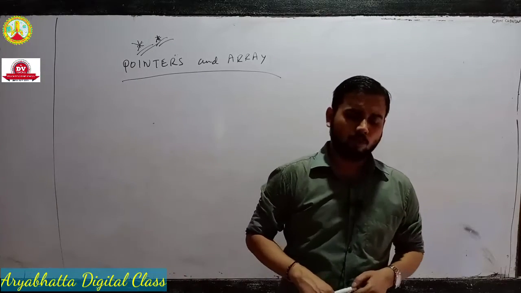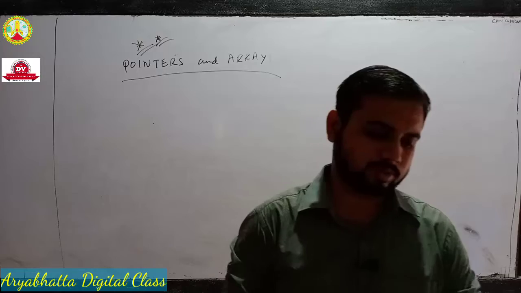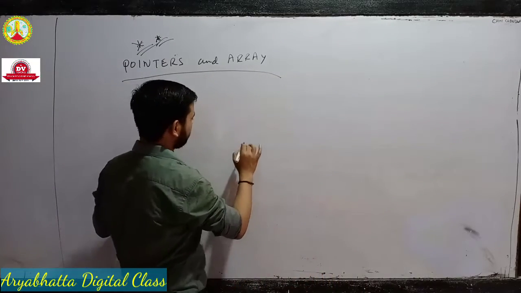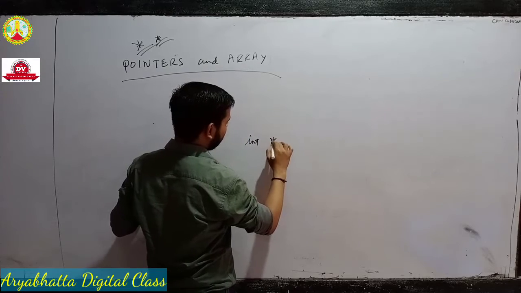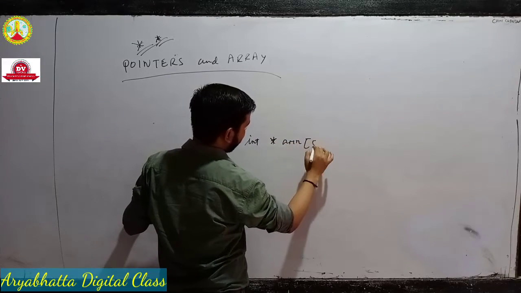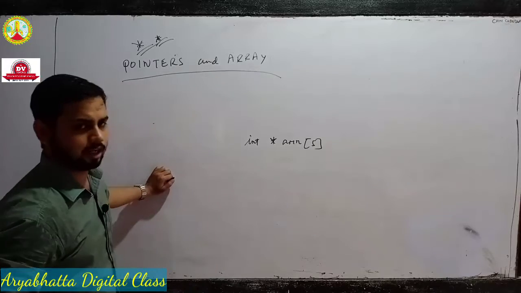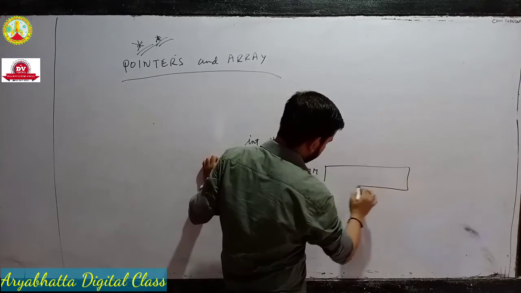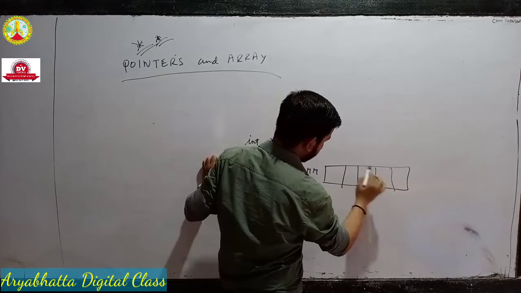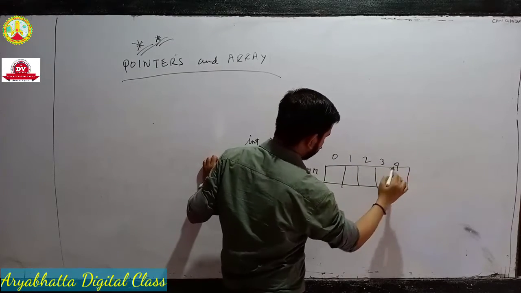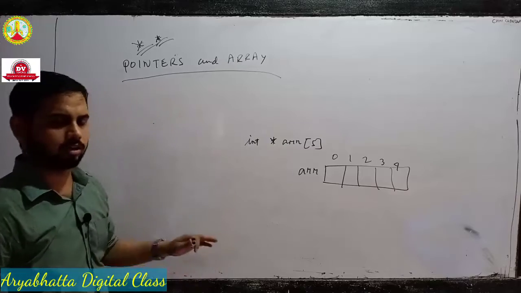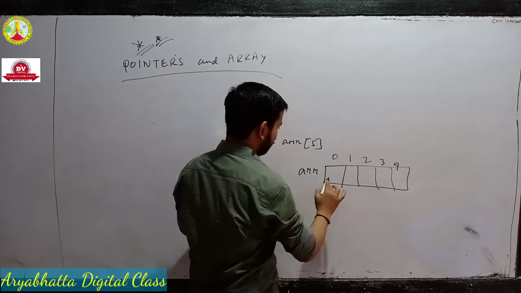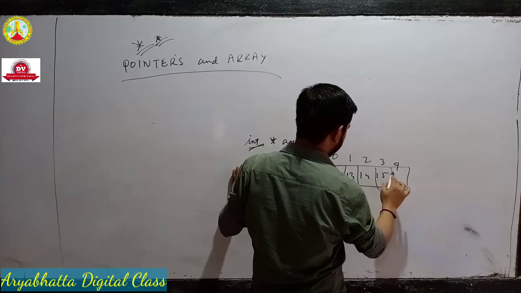So pointer and array have a very similar concept. Suppose you define int arr[5], this is an array. You have to allocate memory for 5 elements. Suppose this is int, meaning some int value.